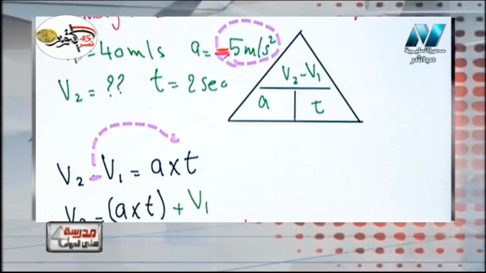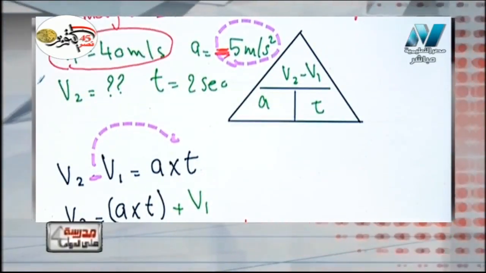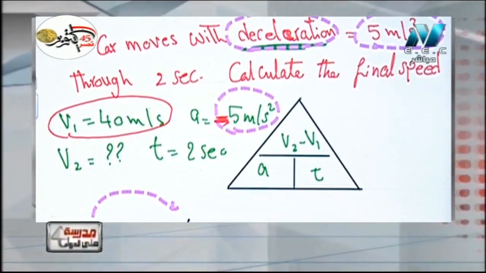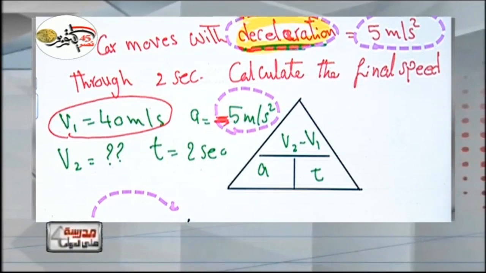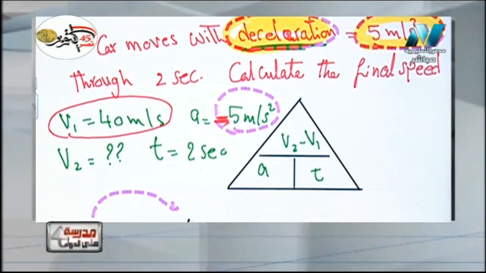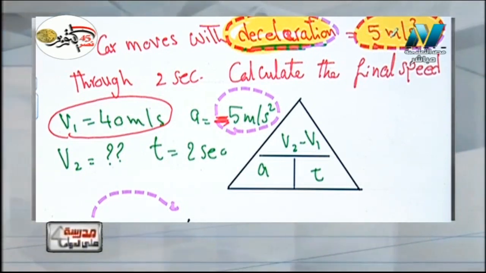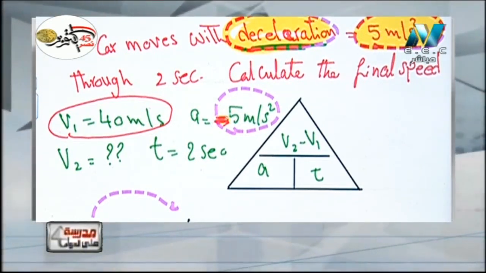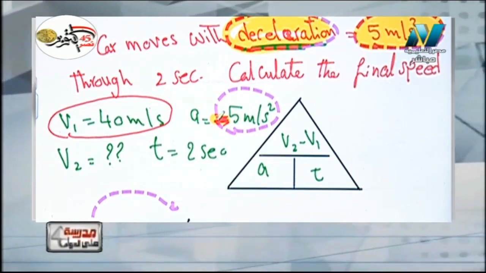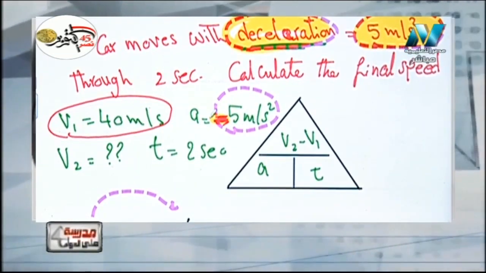And V1 equal 40 meter per second. Because we talk about what? We talk about body moves with deceleration. And here the value of decelerating motion is negative. So 5 meter per second power 2, we should write beside it a negative value. نخلي بالنا من البوينت دي كويس. Okay dear students, نخلي بالنا مع بعض.